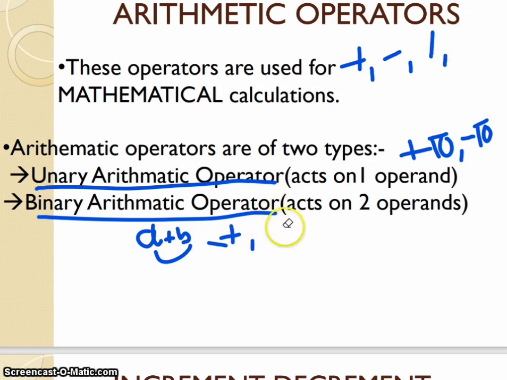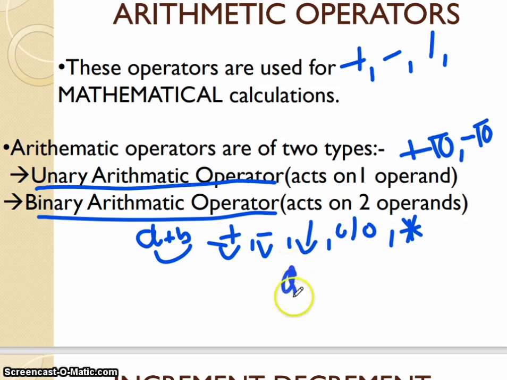The arithmetic operators are plus, minus, division, modulus, multiplication. Plus adds two numbers. Division operator gives the quotient and modulus operator gives the remainder.